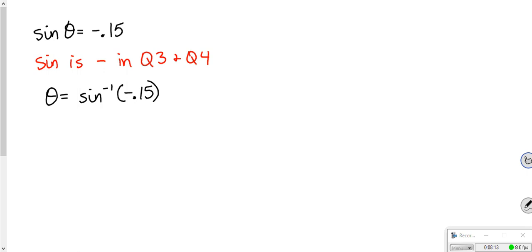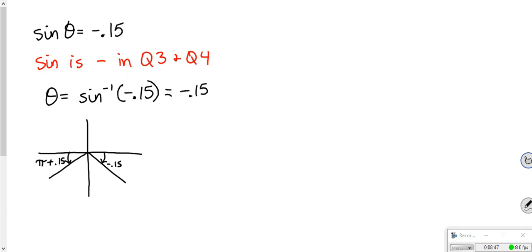Okay, so when I poke this in radian mode, I literally get negative 0.15. Okay, get the same answer back, believe it or not. Now, again, picture this as our unit circle. This would be a negative 0.15 radian, and then I'm also going to have one here that's going to be pi plus 0.15.